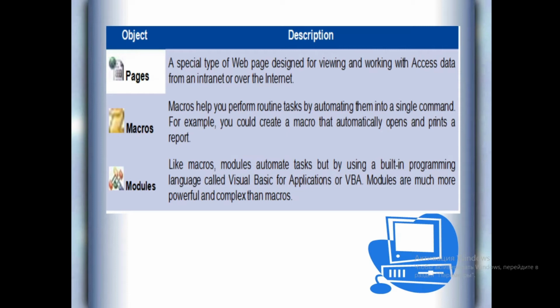For example, you could create a macro that automatically opens and prints a report. Like macros, modules automate tasks, but by using a built-in programming language called Visual Basic for Applications, or VBA. Modules are much more powerful and complex than macros.